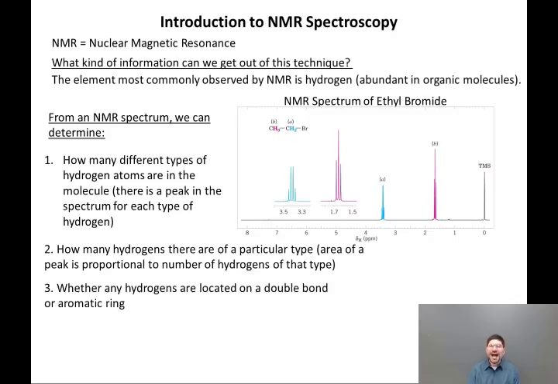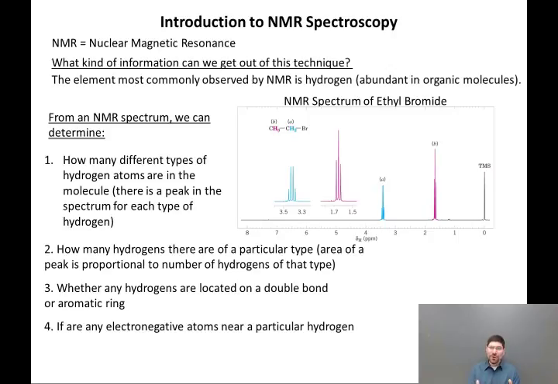Thirdly, an NMR spectrum will tell you very clearly if there are any hydrogens located on a double bond or an aromatic ring. So exactly where a peak is located along the x-axis gives you a lot of information about what's nearby. The fourth point is if any electronegative atoms are located near a particular hydrogen.